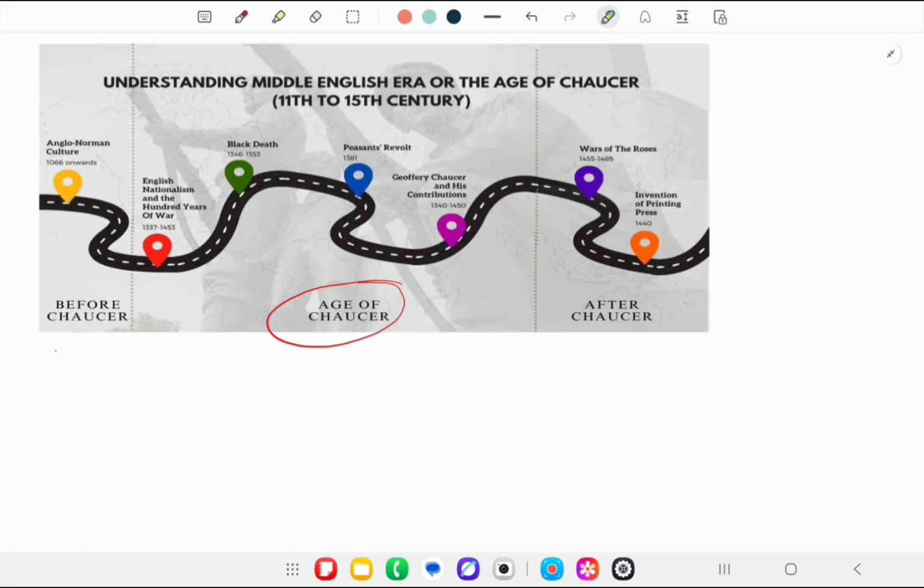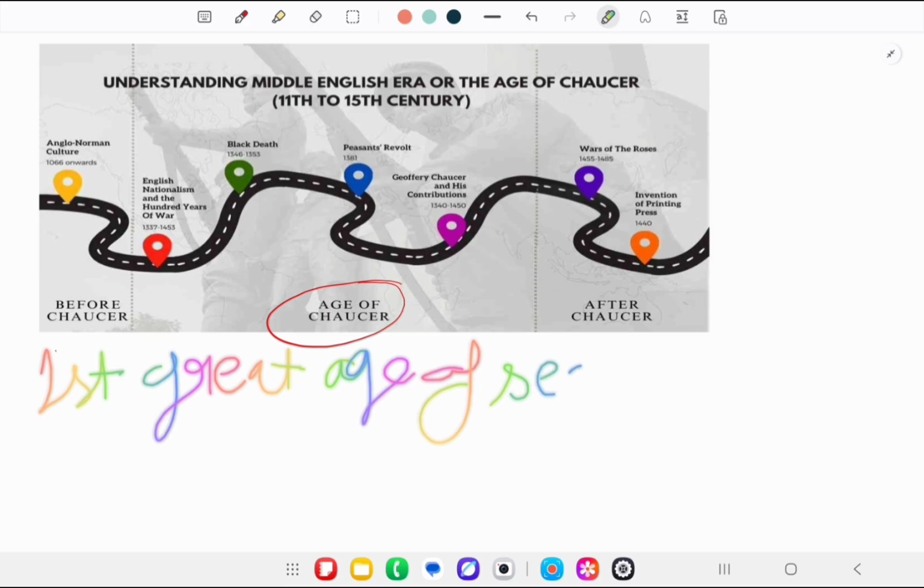The second half of the 14th century produced the first great age of secular literature.